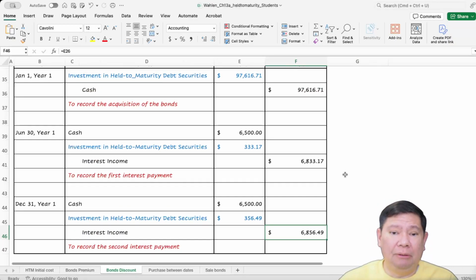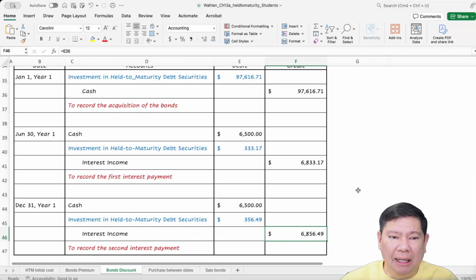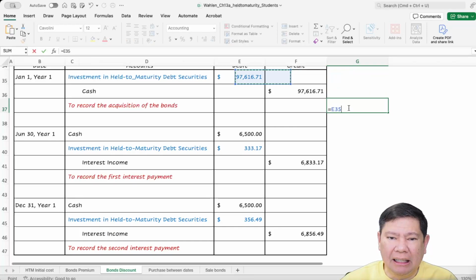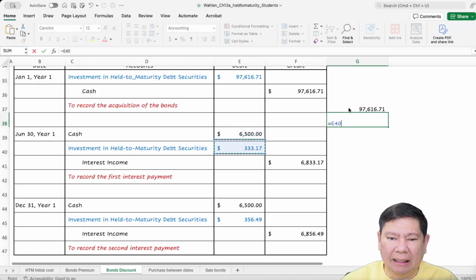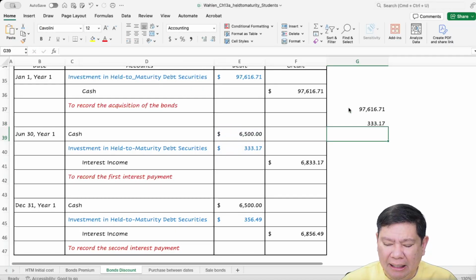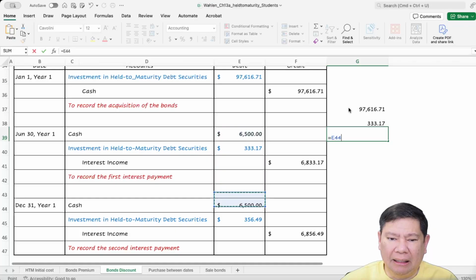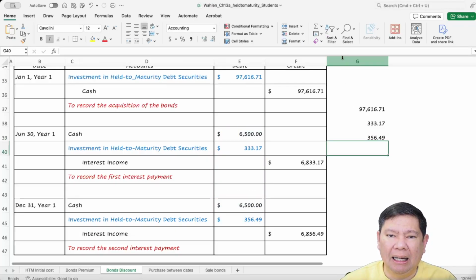Okay, so if you have already prepared the amortization table, all the information will be available there, so it's easier to prepare the journal entries. And we can see now that the investment originally 97,616, and then we add 333.17, and then we add 356.49.